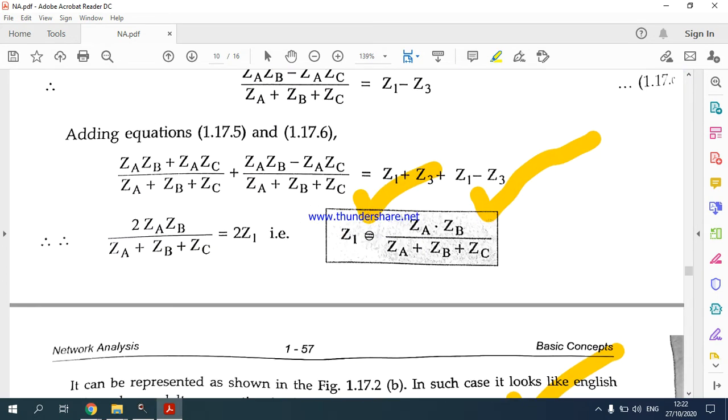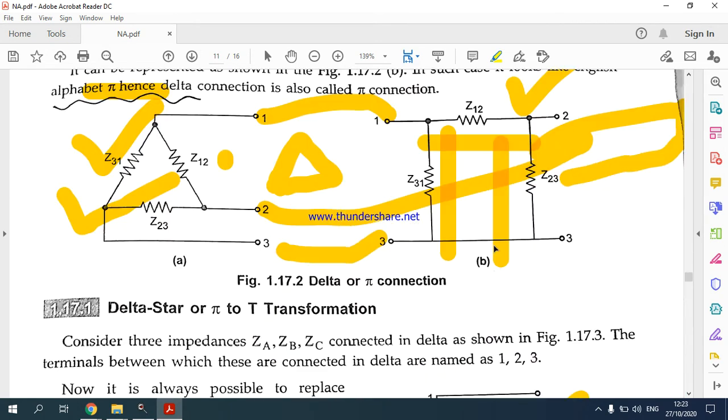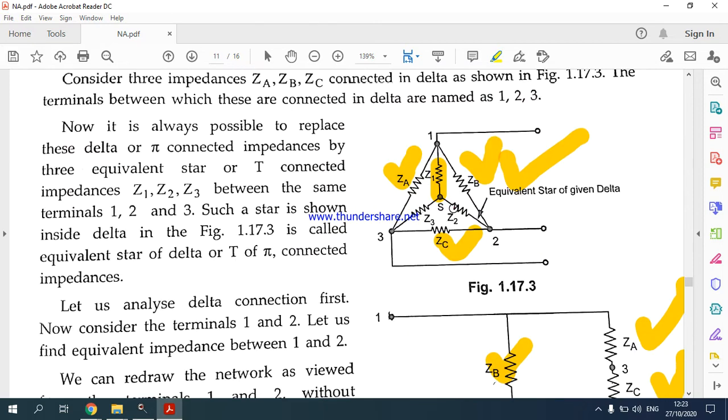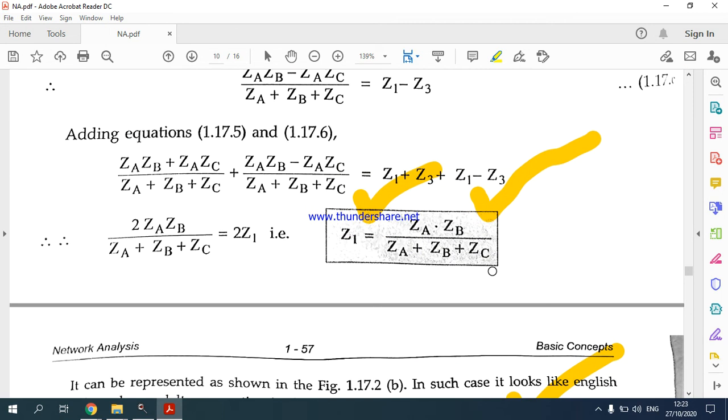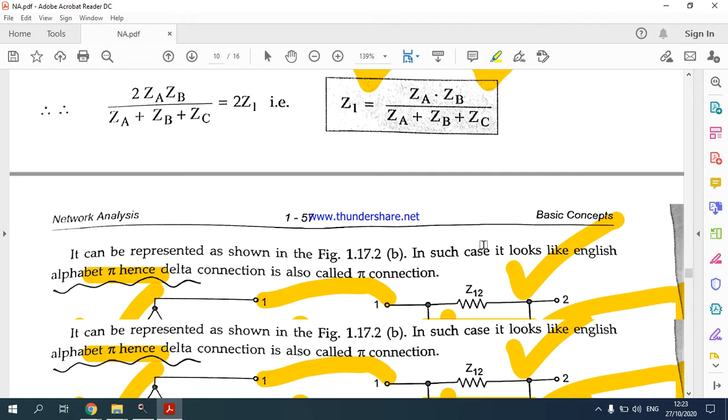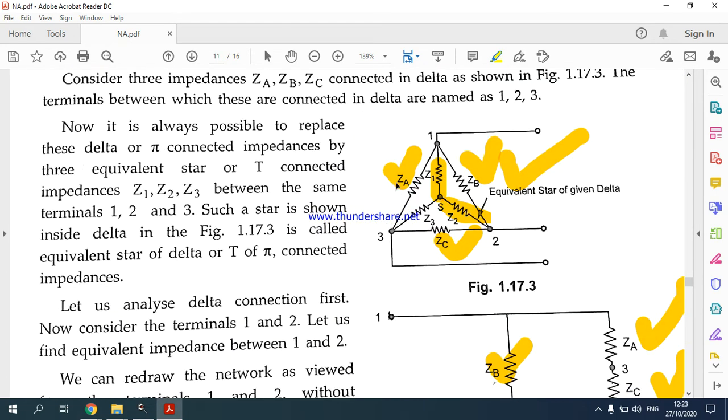Z1 equal to ZA ZB divided by ZA plus ZB plus ZC. Similarly, you can get Z2. Okay, tell me what is the expression for Z2 by looking at Z1. For Z1, what is the expression? ZA into ZB divided by ZA plus ZB plus ZC. Means this into this divided by sum of all the three.